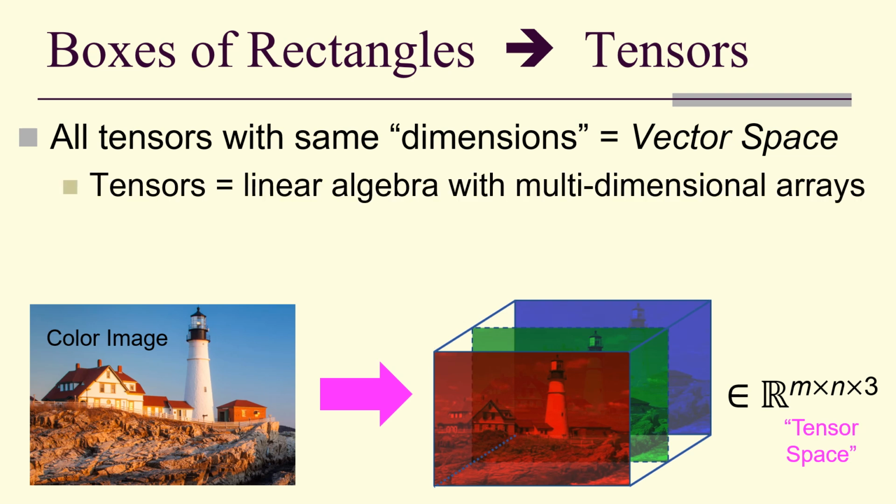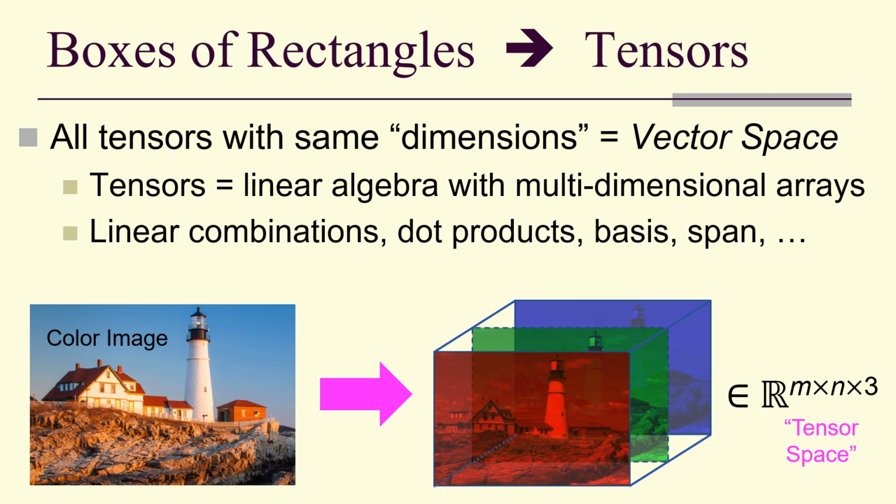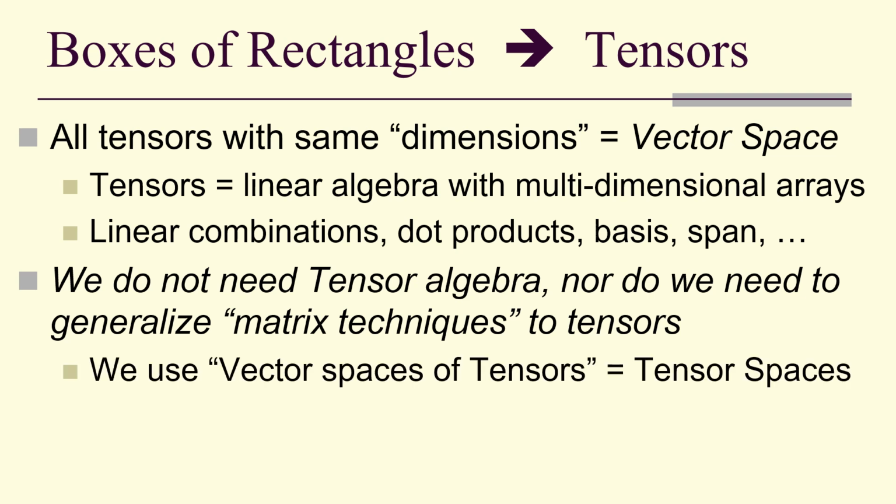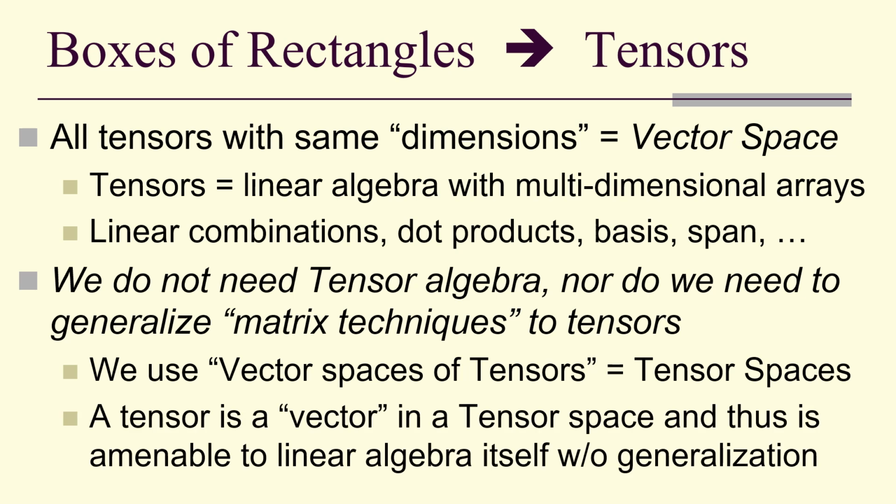So tensors is linear algebra with multi-dimensional arrays: linear combinations, dot products, bases, span. But we do not need tensor algebra, nor do we need to generalize matrix techniques to tensors. We'll use vector spaces of tensors quite often, these tensor spaces.